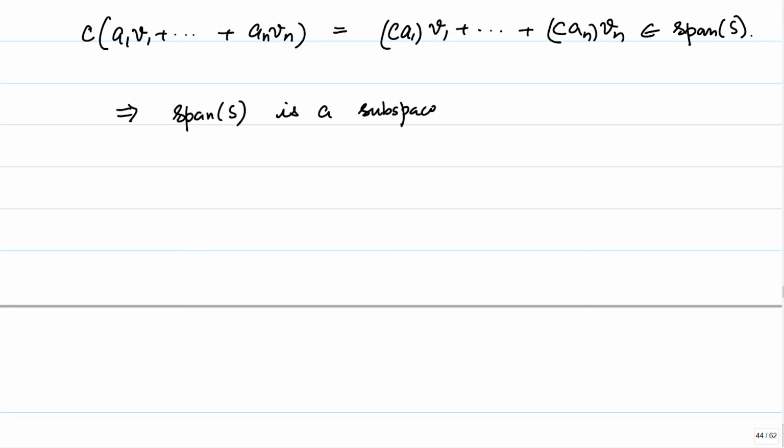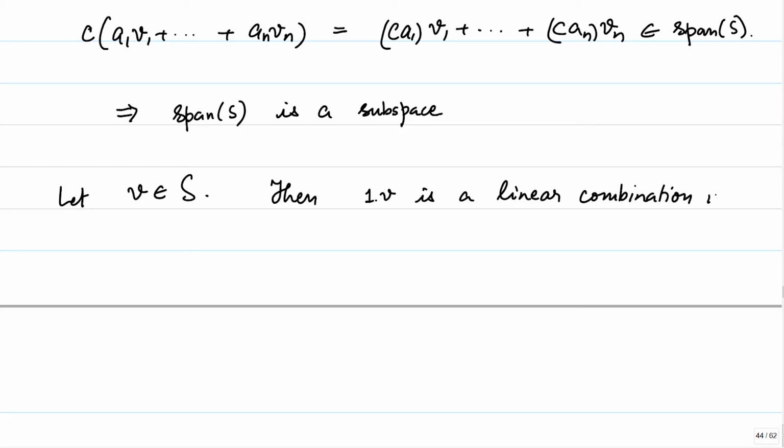We are only partially done. We would like to now show that S is contained in the span of S, but that we have already observed, right? S is clearly contained in the span of S. So let's prove it and then write it. Let v be some element in capital S. Then 1 times v is a linear combination in S by the very definition.